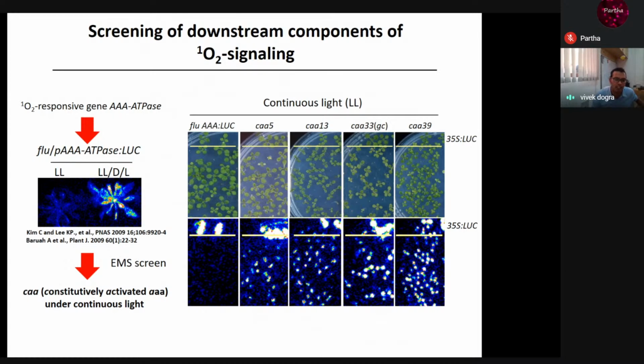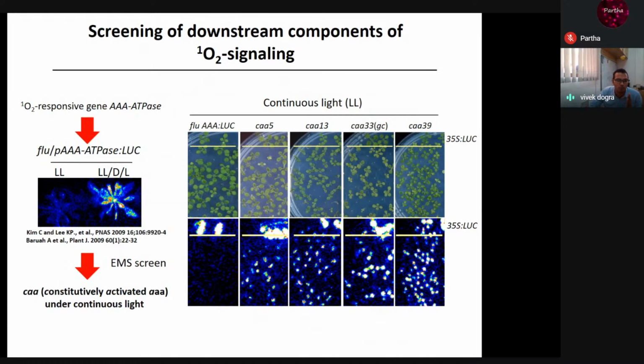For that, they again used this forward genetics approach, and they took one singlet oxygen responding gene as a marker, and they fused its promoter with luciferase. It means this promoter will sense the ROS and then be activated.